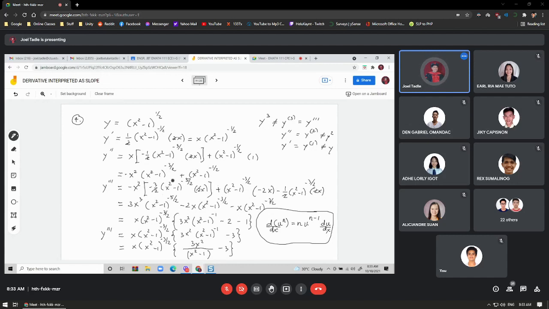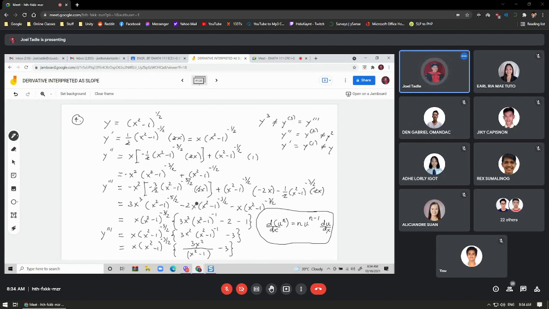Okay, so follow lang ta, no, sa formula. udv plus vdu. Ang atong u diri is negative x squared, copy. Nya, multiplied by dv, derivative of the second function, using power rule, negative 3 halves times quantity x squared minus 1 raised to the power negative 5 halves. Negative 3 halves minus 1 is negative 5 halves.